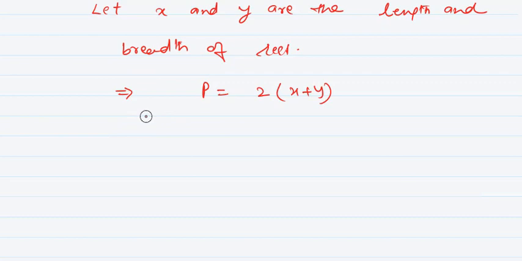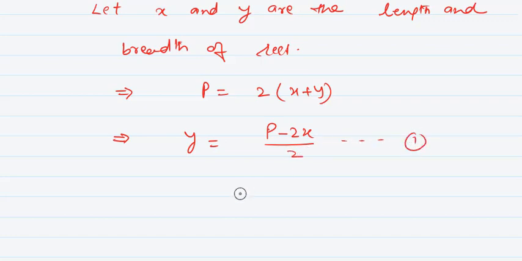As I told you, if the given part is in two variables, then find out one of the variables from these two. So let us calculate y. From here we get y is equal to (p minus 2x) upon 2. This is expression number one. This is the first part, that is from the given. We need to find out the relation between the two variables so that we can change the given function into one variable.